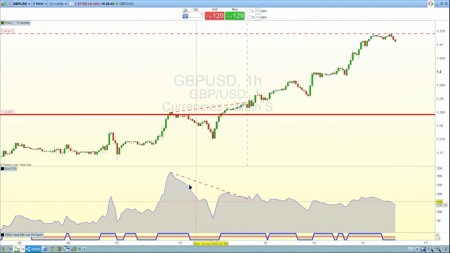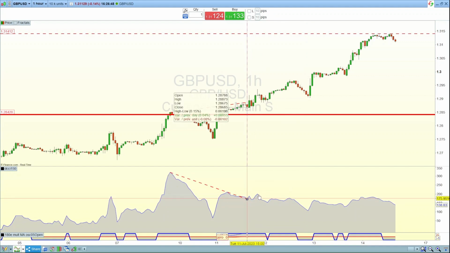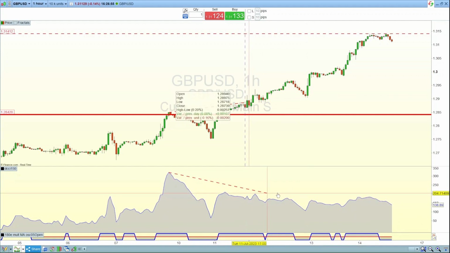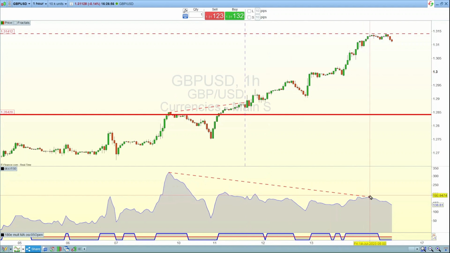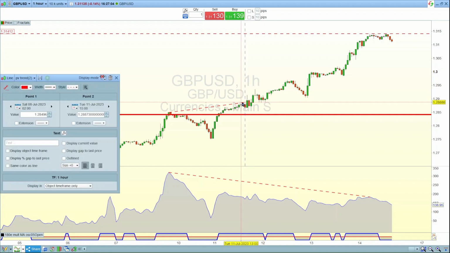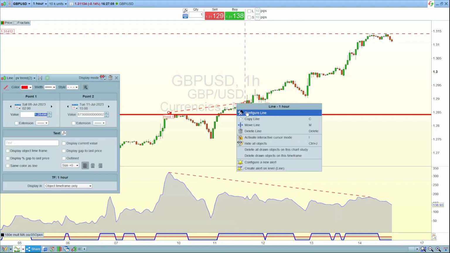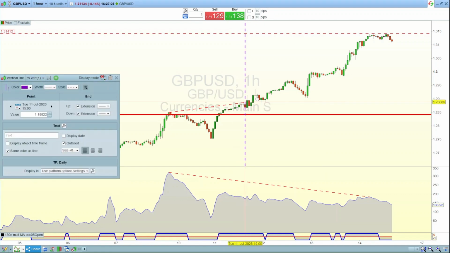Now in our last video we did draw this projected bearish divergence on the CCI versus the price, and since then things have changed. So the divergence is still in play, and why we say that is because you can see that if I pull it out to that level, still a bearish divergence versus the price.